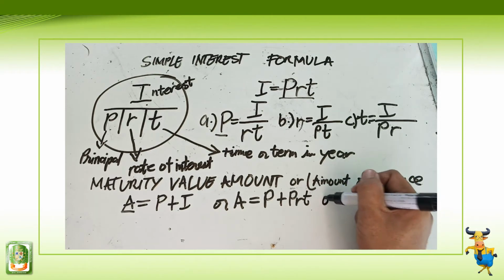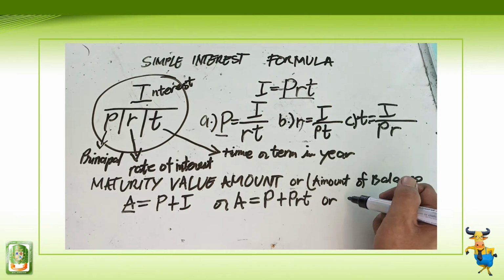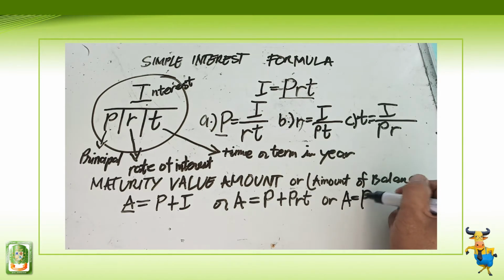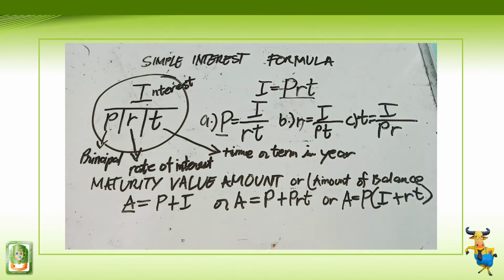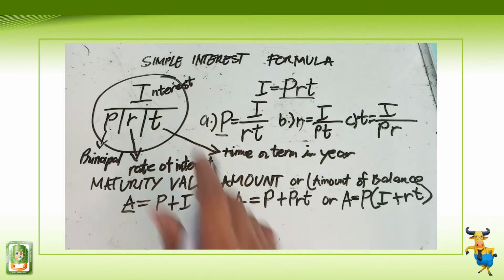Or maybe, pwede natin gamitin din dito, the maturity value is equal to the principal times one plus the rate of the interest and the time. So, yan po yun. Yan ang ating pwedeng gamitin to identify the simple interest formula.